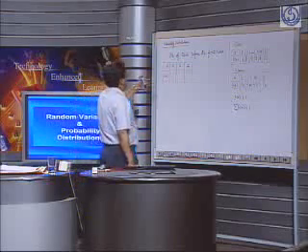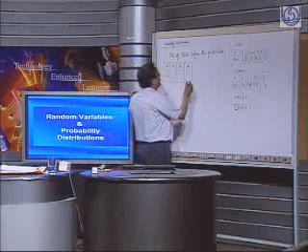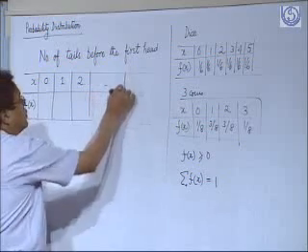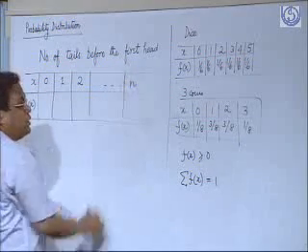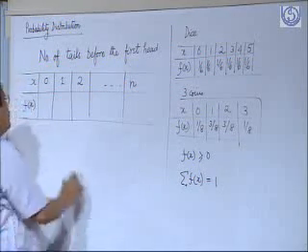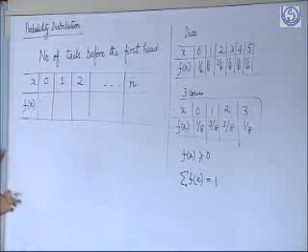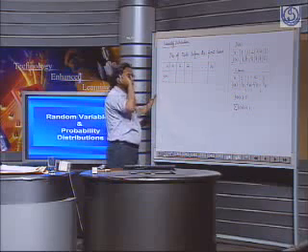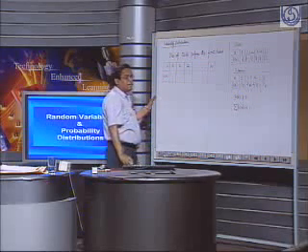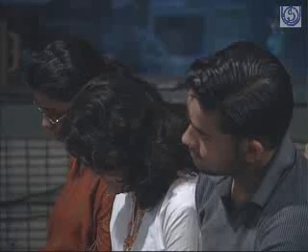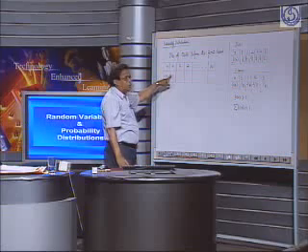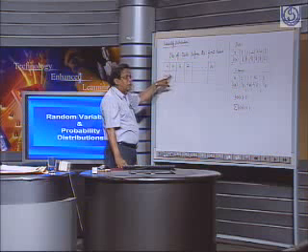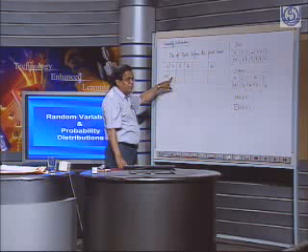Right. Now, this can be up to any number n, isn't it? So what would be the probability here? That means the probability of getting a head in the first throw.